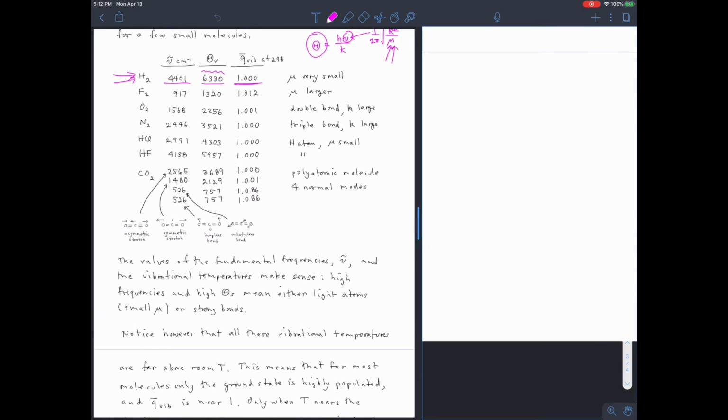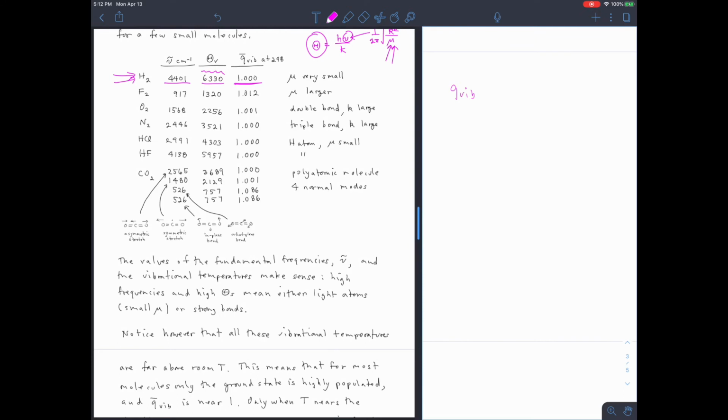The vibrational partition function without the ZPE factor, so counting microstates, is 1 over 1 minus e to the minus theta v over T. And now we're seeing that theta v is around 6,000 degrees. Let's just say 6,000 degrees. But if we're at room temperature, T is only about 300 degrees.